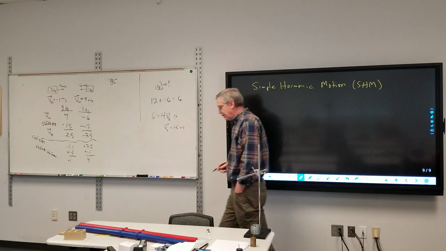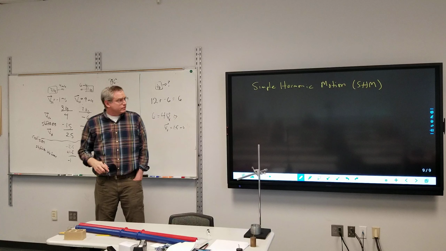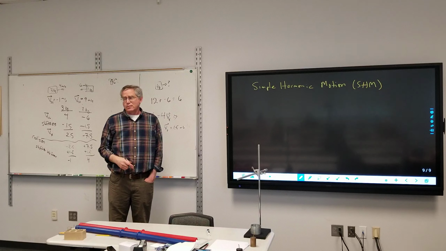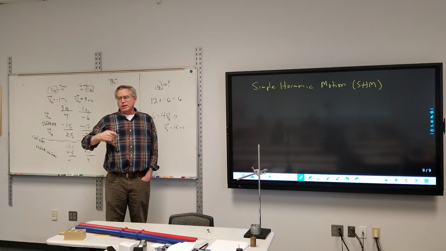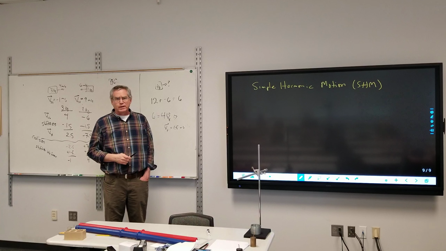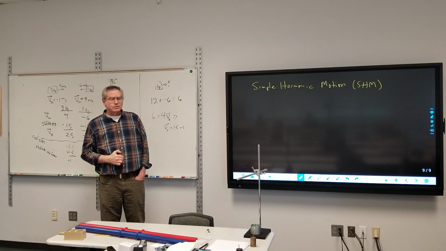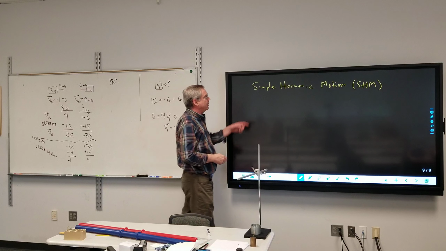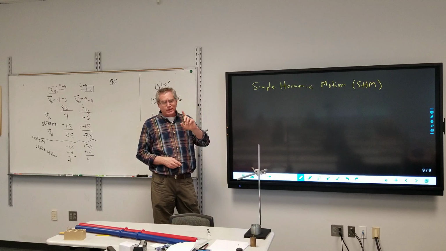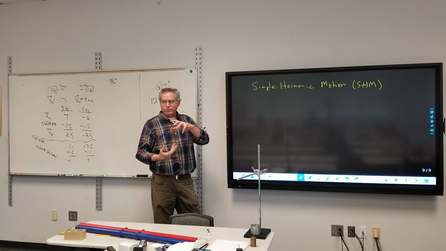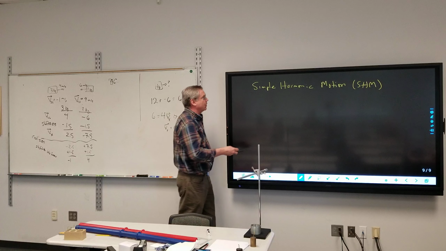All right, motion, it's moving. Should not be a shock. Harmonic means that it is repetitive motion. Usually it can be expressed by a sine or a cosine to describe it. And simple, we're talking about friction-free, no heat generated, the thing will go on forever.